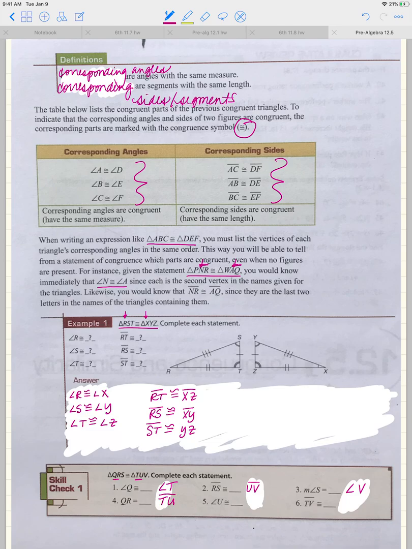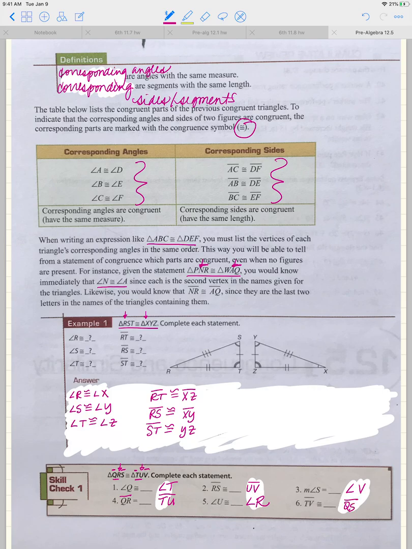That should have a line segment over it. Okay, so should that. Angle U, middle angle here, going to be congruent to the middle angle over here, angle R. And then TV, first and last, okay? TV is going to be congruent to QS, segment QS.